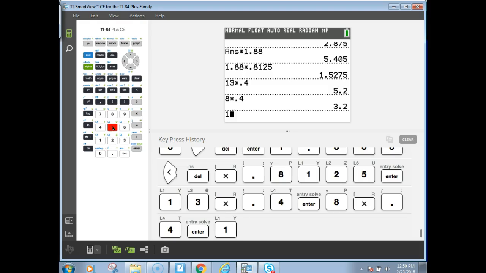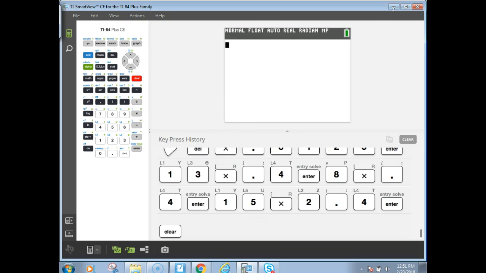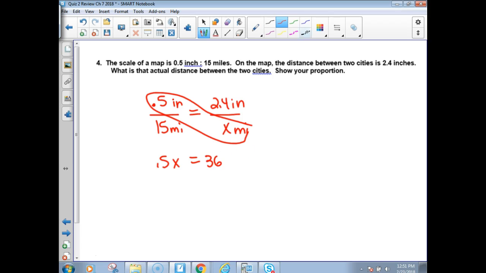I'm going to go ahead and type that on my calculator. 15 times 2.4, which gives me 36. I'm going to clear this screen up. And then I have to divide by 0.5. Some people have the mistaken idea that dividing by 0.5 is the same as taking half of 36.